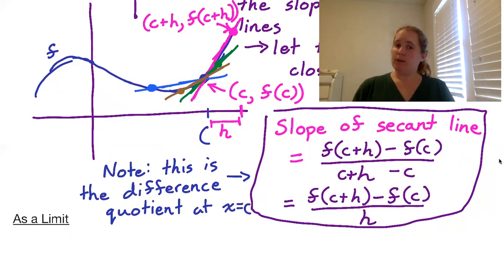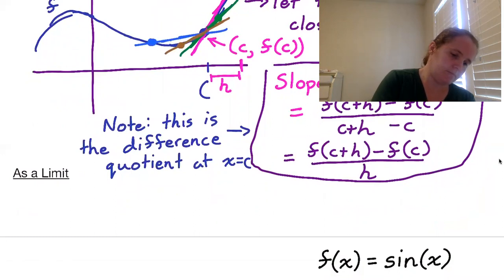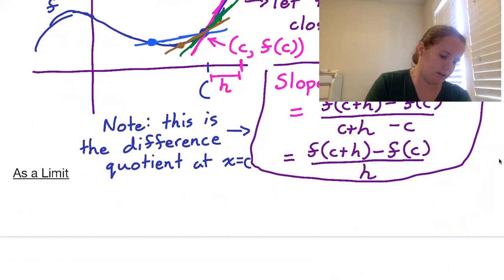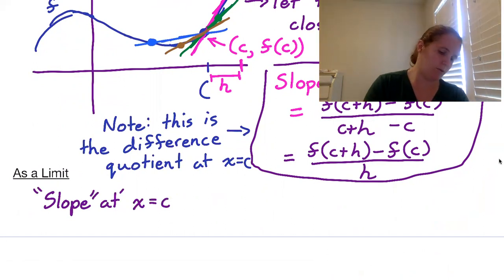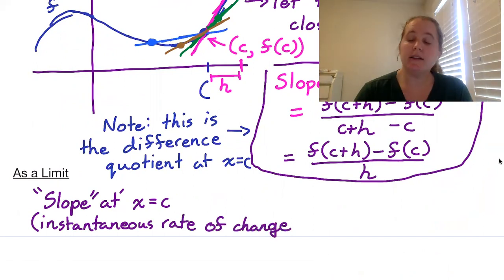And then what we could do, if we want to find the instantaneous slope, the instantaneous rate of change, and the slope at x equals C, or the instantaneous rate of change, we're going to let h go to 0.